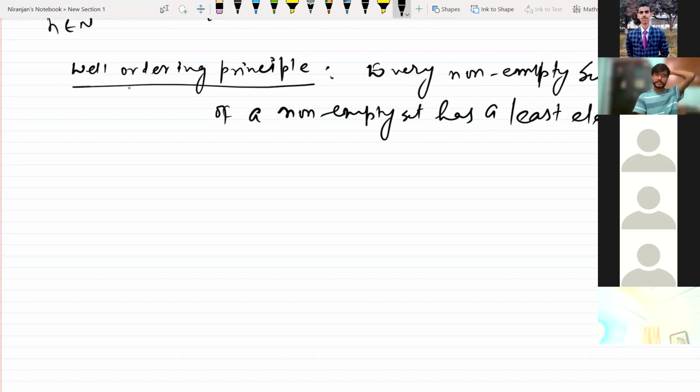So what did I say? I said every non-empty subset of a non-empty set has a least element. What do I mean? I mean that if you have a non-empty set and you take a subset of that set, that subset has a least element. So it is always true.